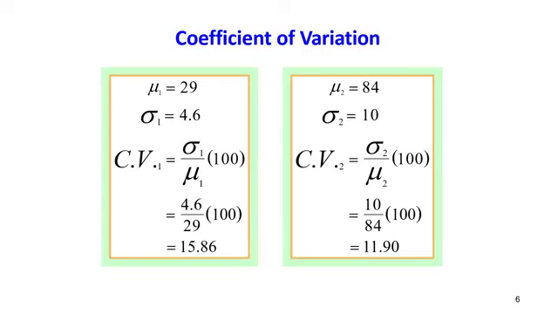So look at this. If I give you only this particular information, and I ask you which one is better, and the scales are also different: in this scale, where the mean is 29 and the standard deviation is 4.6, is this better?